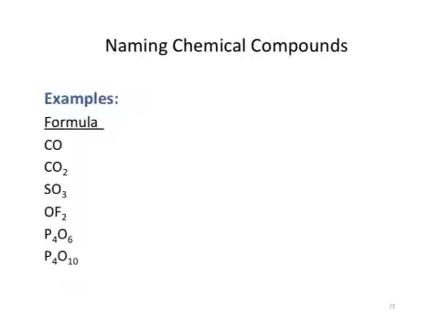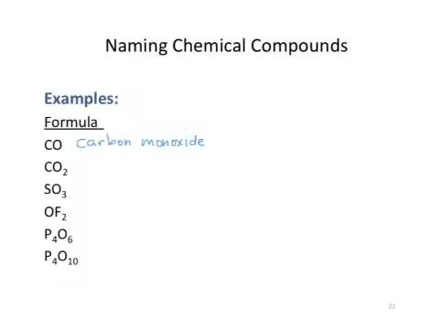Now, that exception, not putting in a prefix when there's only one of the first element listed, I always remember by naming CO. Almost all of you could already tell me that the name of CO is carbon monoxide. So we named the first element, and because there's only one, we did not put a mono in front of it. So it's not monocarbon monoxide, it's carbon monoxide.